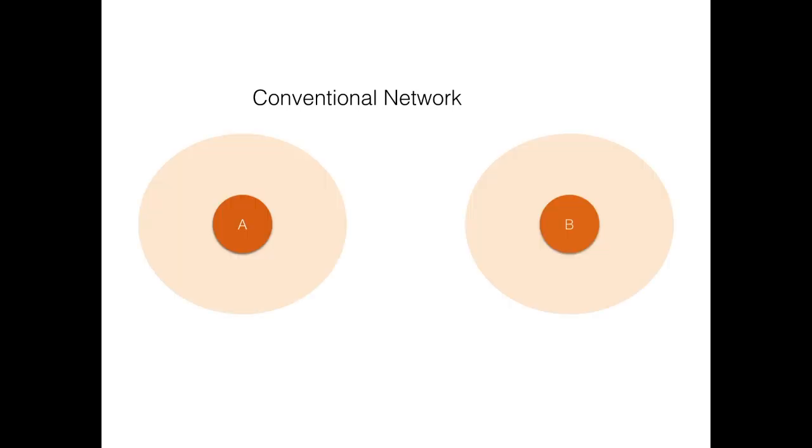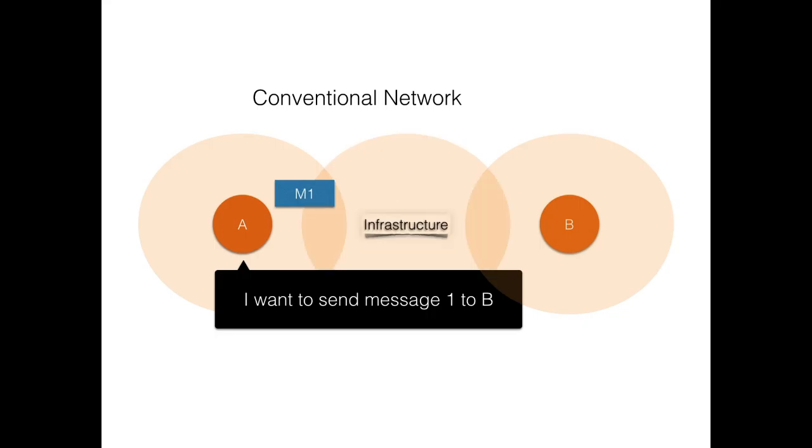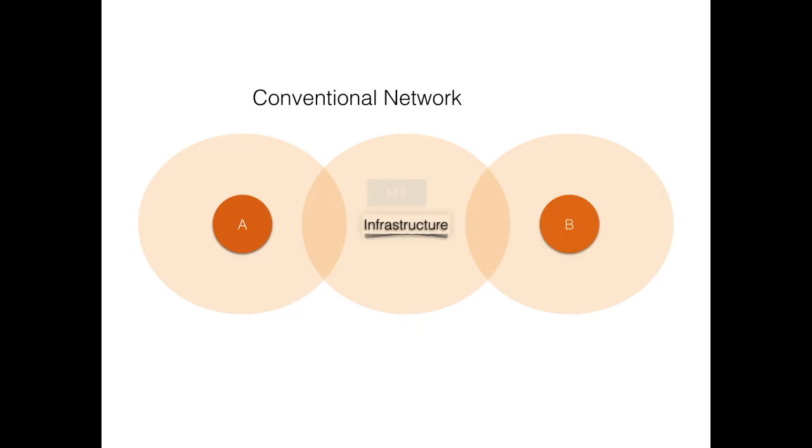In the conventional network that we are using every day, in order to transmit a piece of information from one place to the other electronically, we need network infrastructure to do that. Network infrastructure is a very common thing that we see and use literally every second.